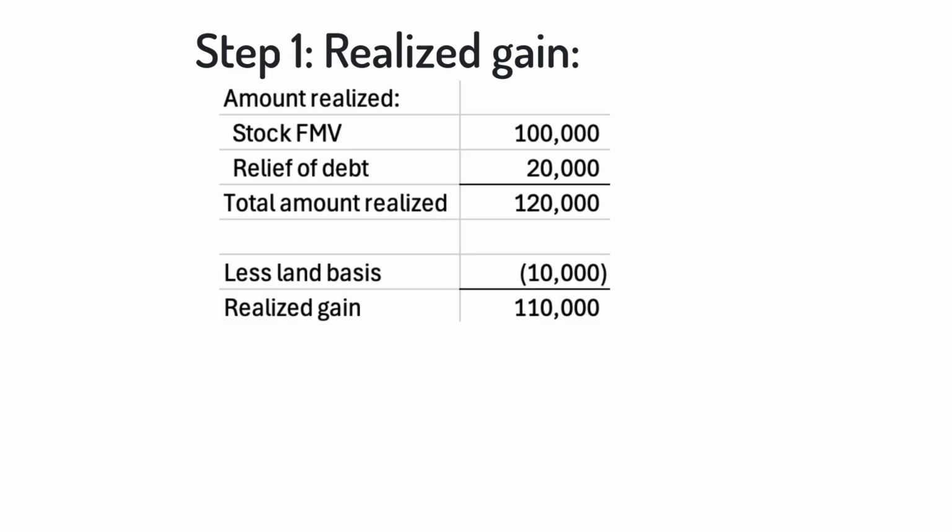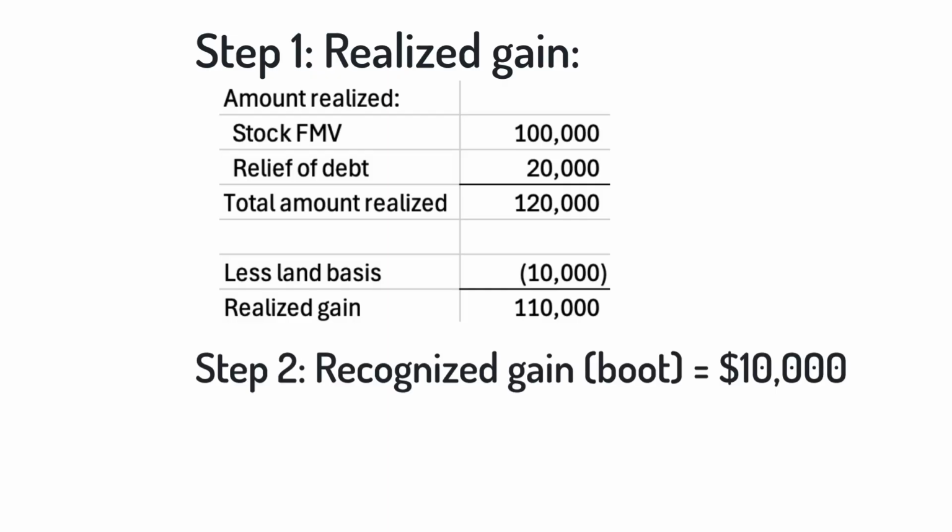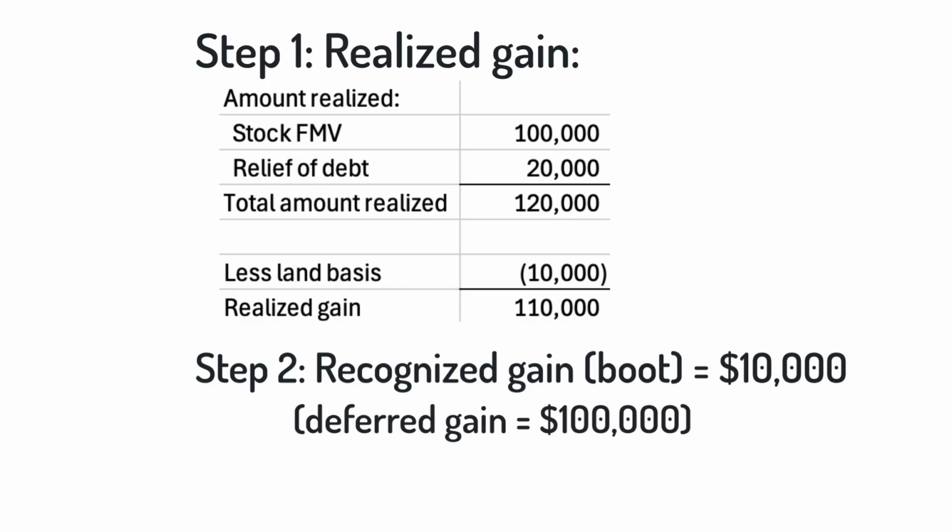So in step 1 of our example, the realized gain is $110,000: the $120,000 amount realized minus the land basis. And since we've calculated boot to be $10,000, which is the $20,000 of debt transferred to the corporation, less the land basis of $10,000, that $10,000 of boot causes $10,000 of recognized gain, and the remaining gain, which is deferred, is $100,000.